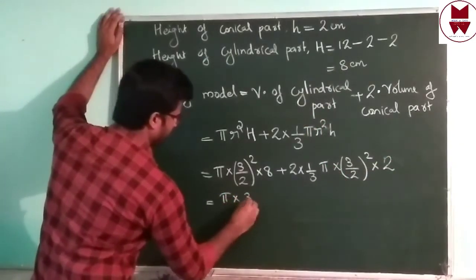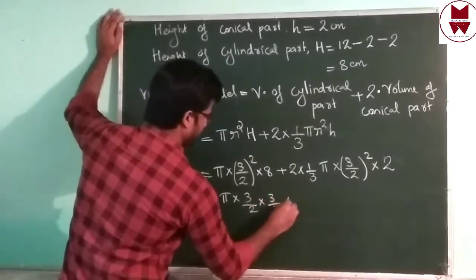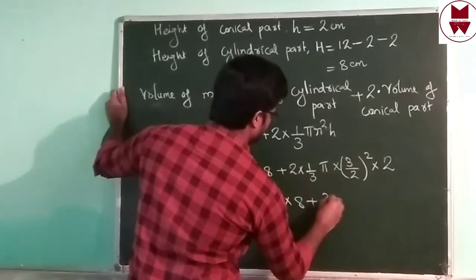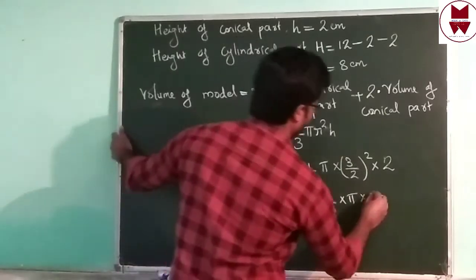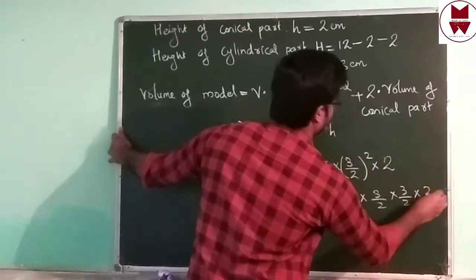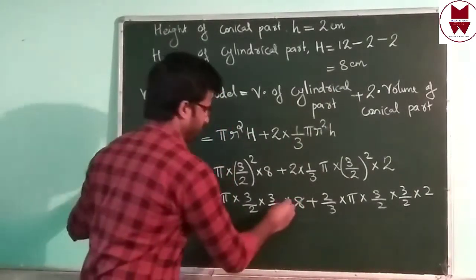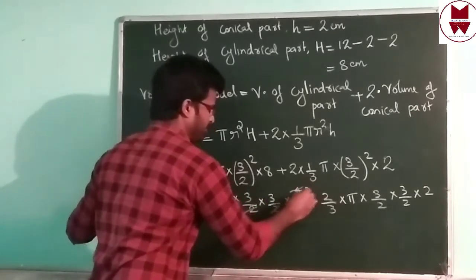Pi into 3 by 2 whole square. We can write 3 by 2 into 3 by 2 into 8 plus 2 into 1 by 3 pi, 3 by 2 whole square. We can write 3 by 2 into 3 by 2 into 2. We can cancel everything in here. 2 and 4, 2 and 8 4 times, then again 2 and 4 2 times.